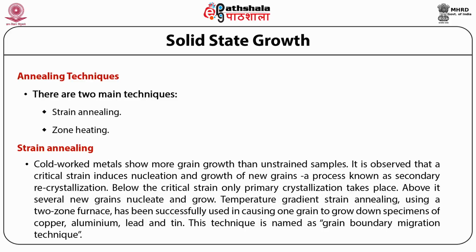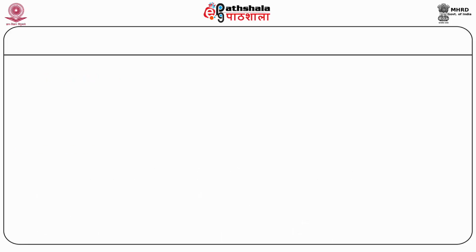Temperature gradient strain annealing using a two-zone furnace has been successfully used in causing one grain to grow down specimens of copper, aluminium, lead, and tin. This technique is named as grain boundary migration technique. The next is zone heating.